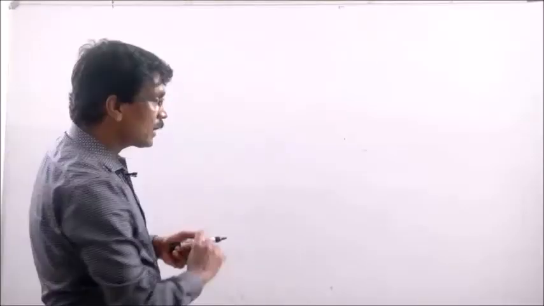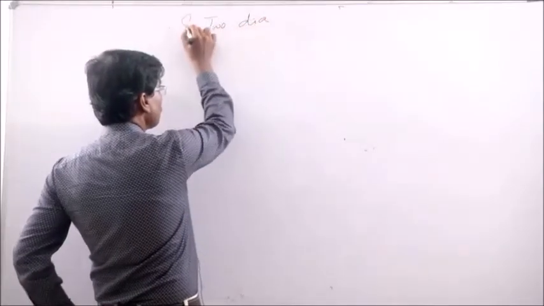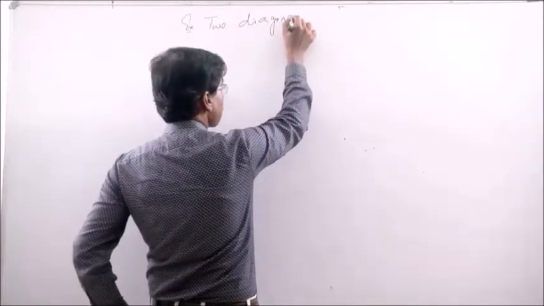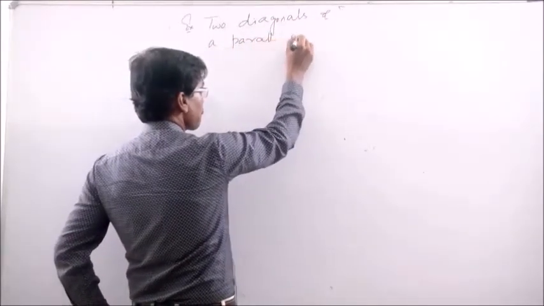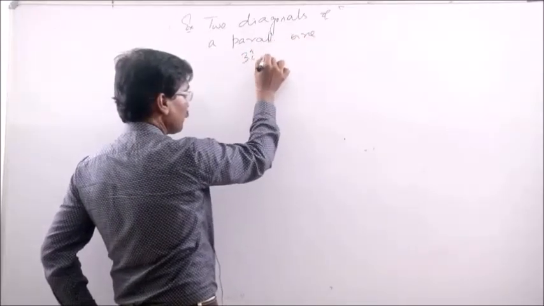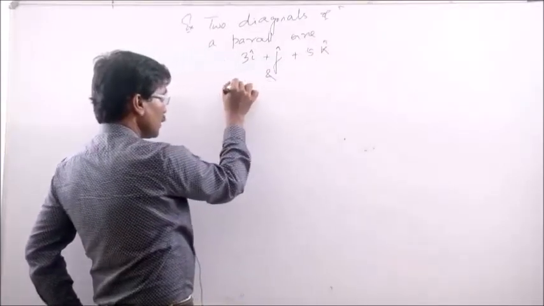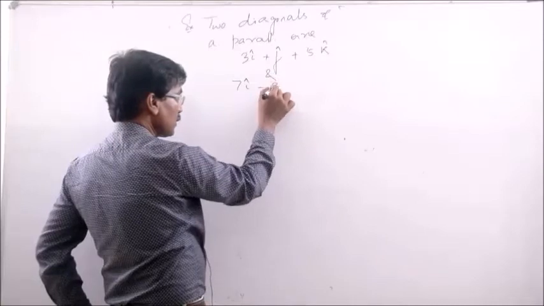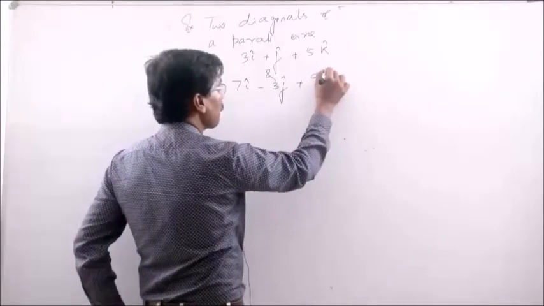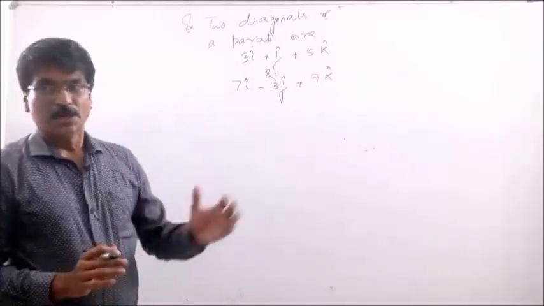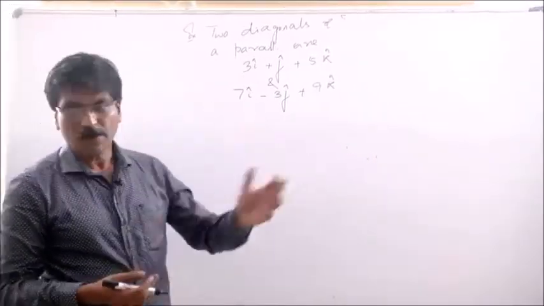Suppose we are given two diagonals of a parallelogram: 3 i cap plus j cap plus 5 k cap and 7 i cap minus 3 j cap plus 9 k cap. That is the two diagonals of a parallelogram. Now to find the area of the parallelogram.